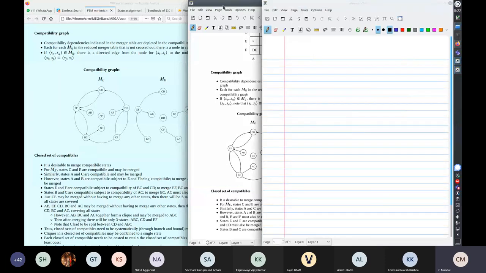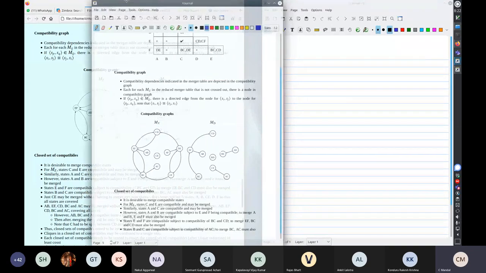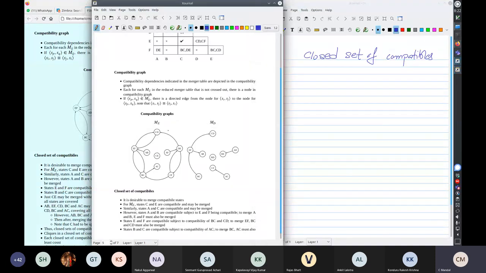So in the compatibility graph, we need to find a closed set of compatibles. All right. So let us try to find a closed set of compatibles.